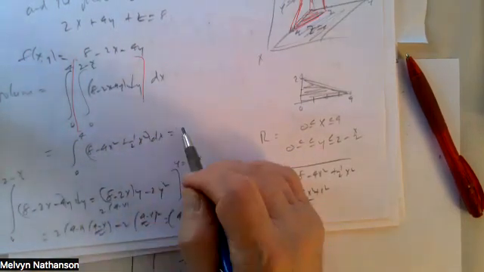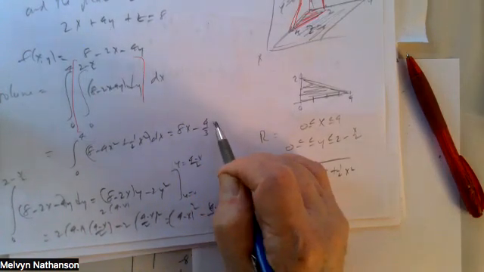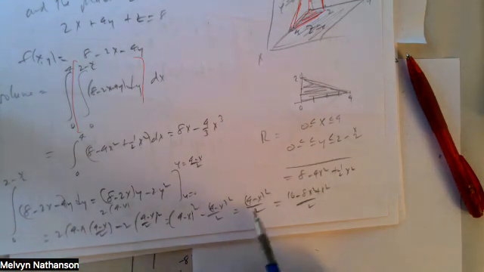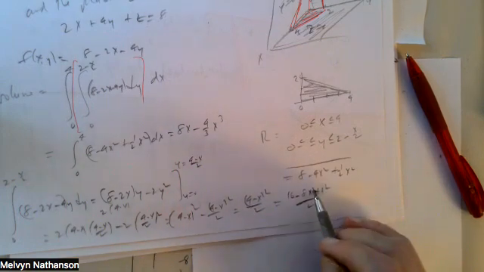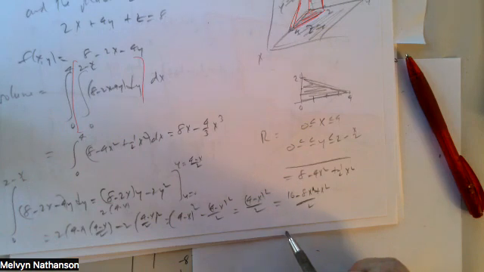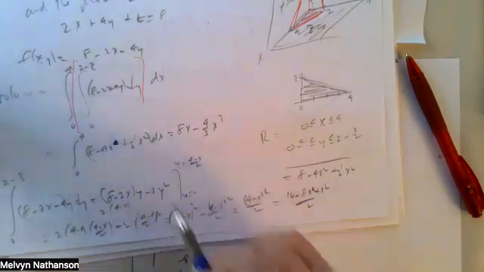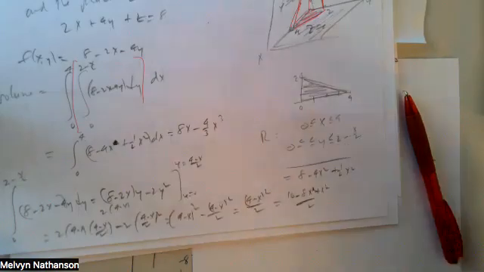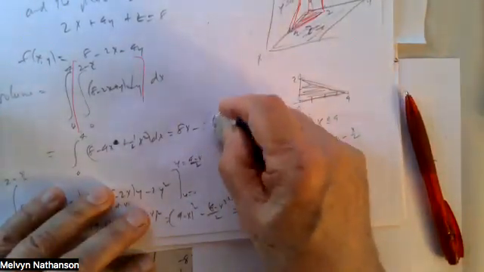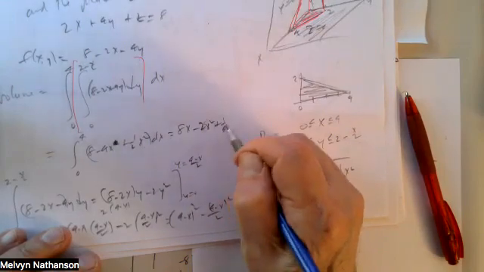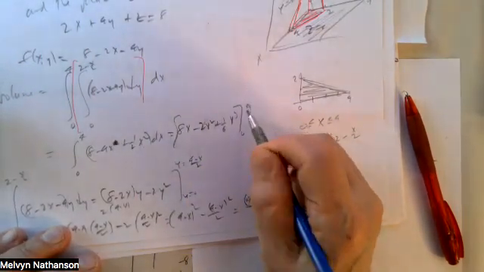Integrating with respect to x, I have 8x, the integral of 4x is 2x squared, and the integral of a half x squared is x cubed over 6, evaluated from 0 to 4.